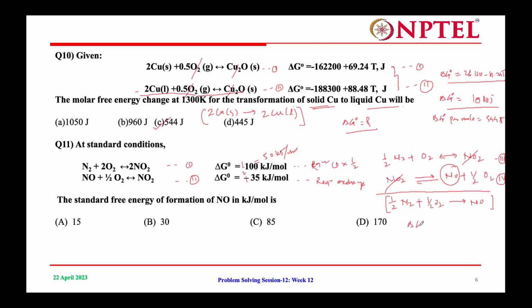So delta G is equal to 50 plus 35, so 85 kilojoule per mole. Answer is C. Have you all got it clear?